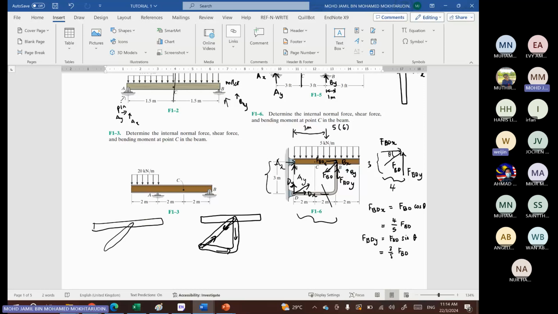Lepas tu kita hanya ambil satu point saja kan. Kita tak payah ambil dua-dua. Oh, okay. Semasa kita analisis, kita ambil satu point saja yang senang, yang ada acting on dekat itu beam. Betul. Oh, okay. Faham.